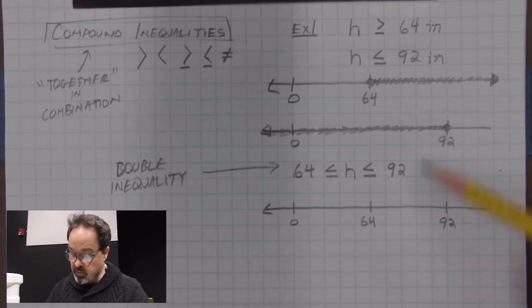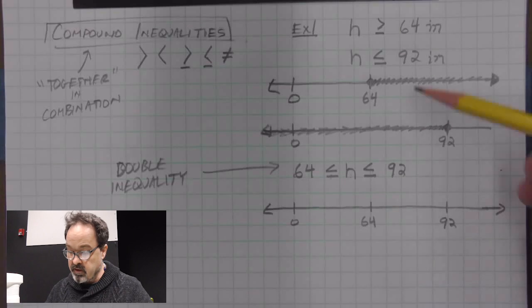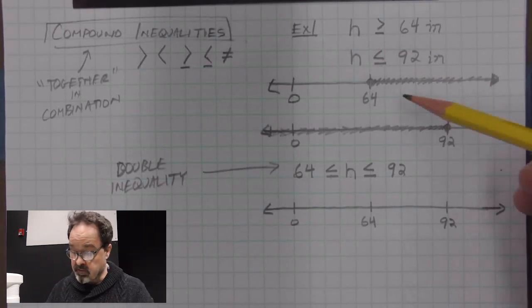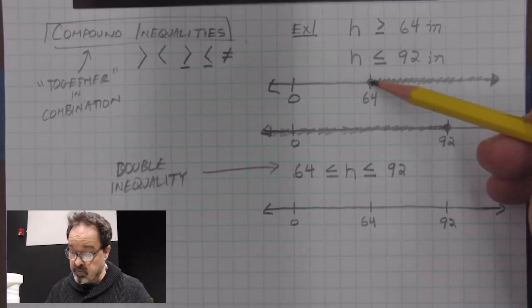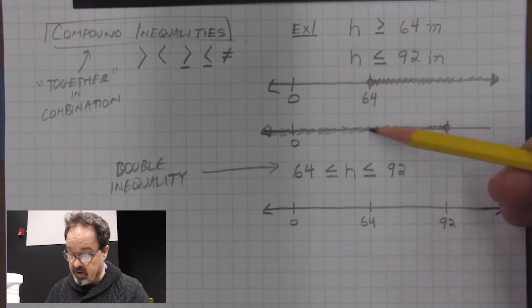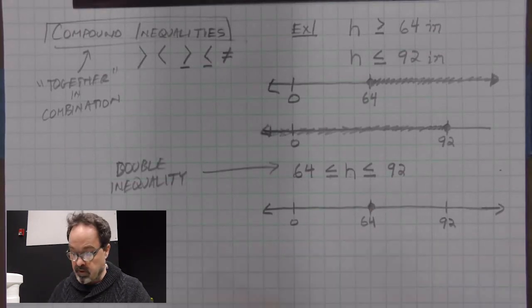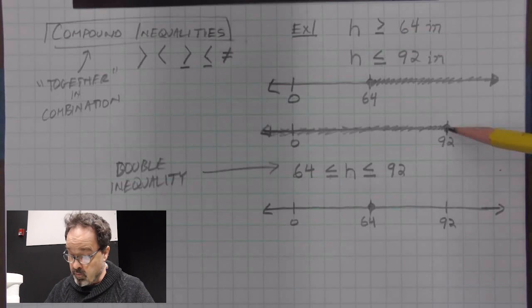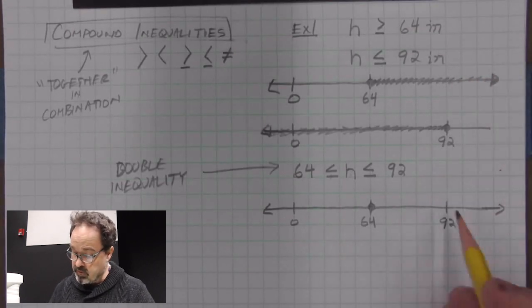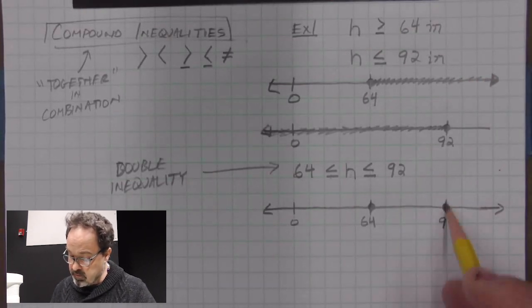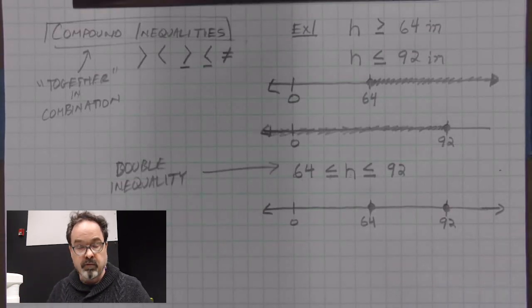And we're going to bring these two graphs together by thinking of what is represented on both graphs at the same time. 64 is represented here because there's a closed dot and it's in the shaded region of the second graph. So it needs to be represented on our compound graph. 92 is also a location that we can be at on the second graph. It's in the shaded region of the first, so we need to include it in our compound graph.